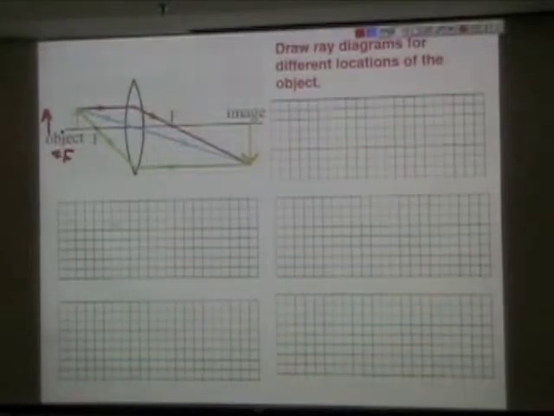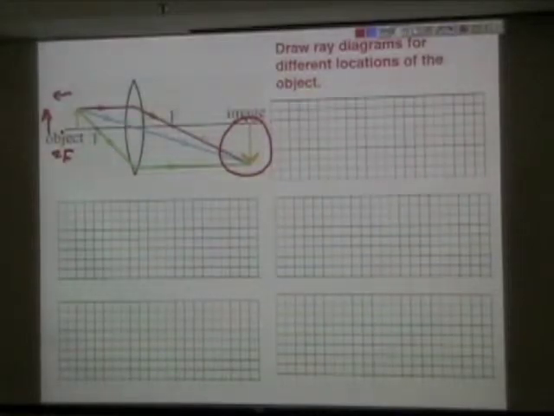So, you're moving the object away. The size of the object, of course, doesn't change when you move it. You do not invert it, you keep the same orientation. So what's going to be happening to the image?